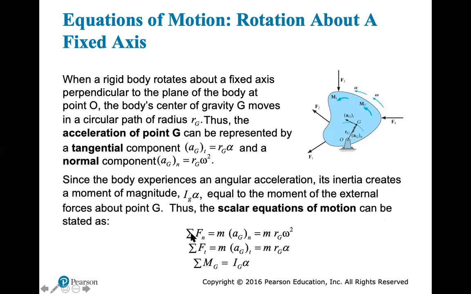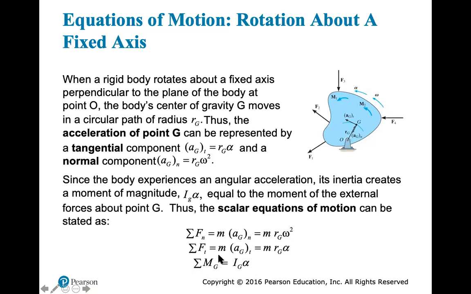You sum all the forces in the normal direction, and that gives you the acceleration of the center of mass in the normal direction, so you just get the centripetal acceleration. I may have forgotten the factor of mass there, so watch that factor of mass when you pull it all together. It should be mass times acceleration. In the tangent direction, you only get the r alpha term.